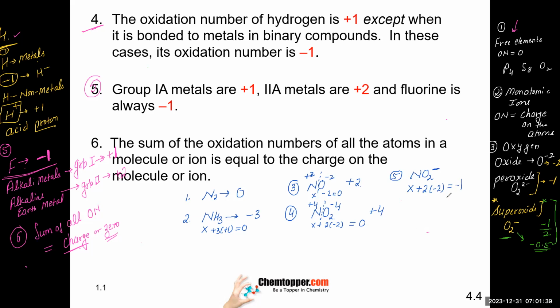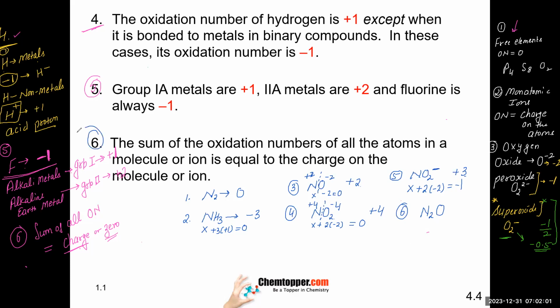What is the oxidation number of nitrogen in fifth? Plus 3. Check this one. N2O. Check the oxidation number of nitrogen. So the one which I'm not going to show you a stable oxidation number, for that rule number 6 is applied.